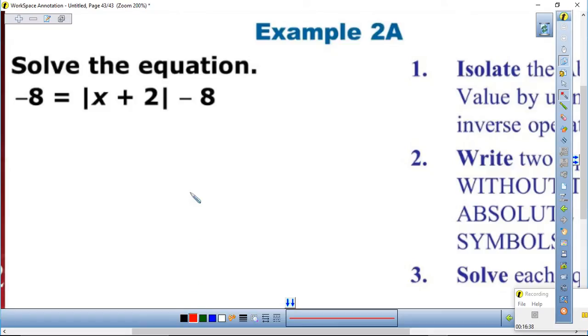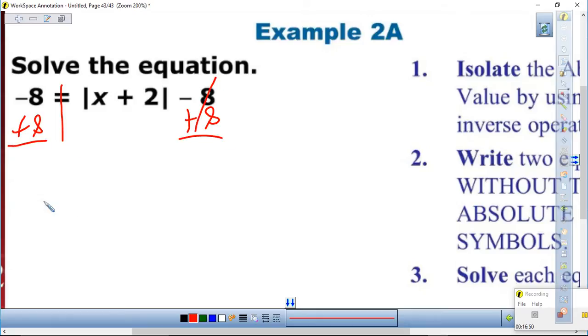Okay, what would be our first step from there? Livia, add 8. Add 8. We end up with 0 equals absolute value x plus 2.